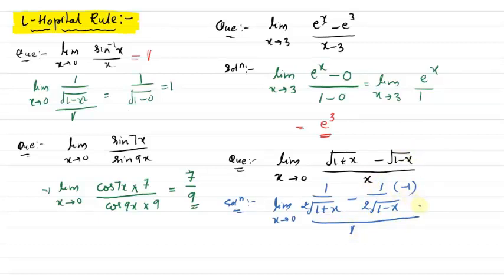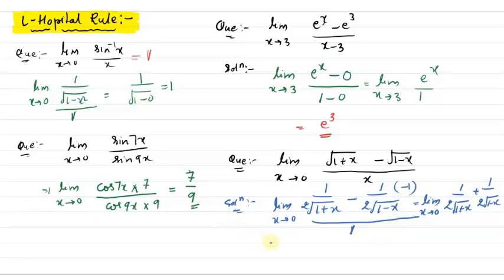So what we get from here is limit x tending to 0 of 1 by 2 under root 1 plus x plus 1 by 2 under root 1 minus x. Yes or no? Now if we put the value of the limit, will it be a determinate form or indeterminate form? It will be determinate form. So what will be the value that we get from here?